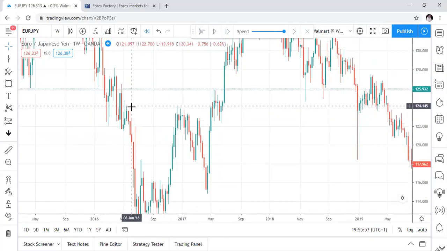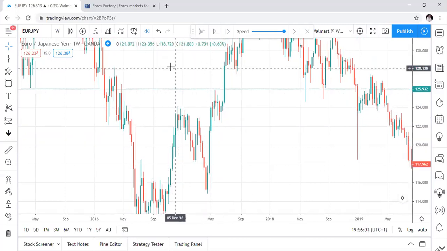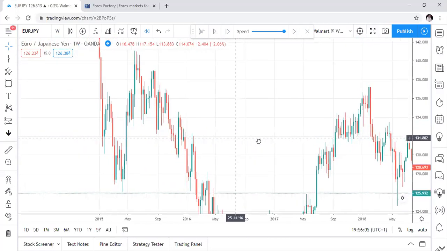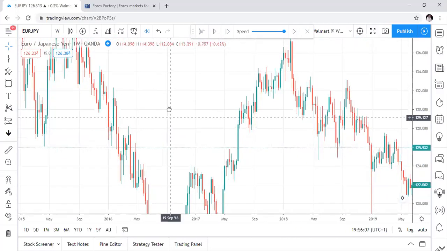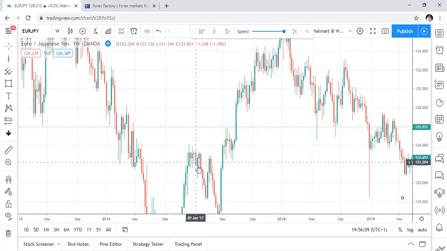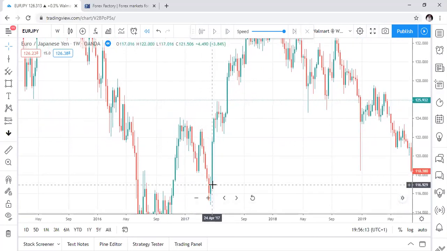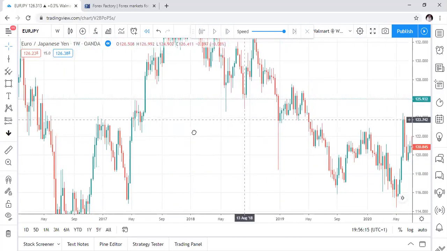Equal highs, see it? This equal high, the market comes down. That's weekly. You can imagine for lower time frames what you will get when you have this equal high here and a break of market structure here, then a pullback. It's massive.